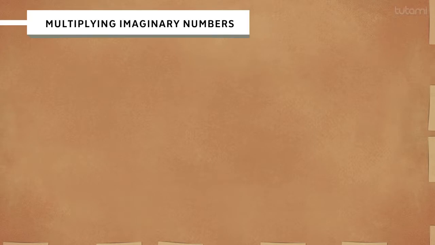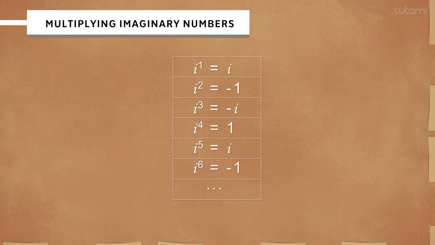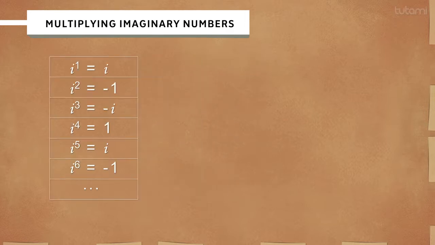Now, when we multiply imaginary numbers, we treat them with the same rules we have for variables. The only difference is we must evaluate if the i term can be simplified to one of the values listed in the chart. Notice i to the first and fifth powers have equivalent values, and i to the second and sixth powers are also the same.